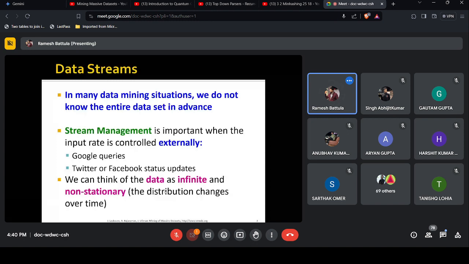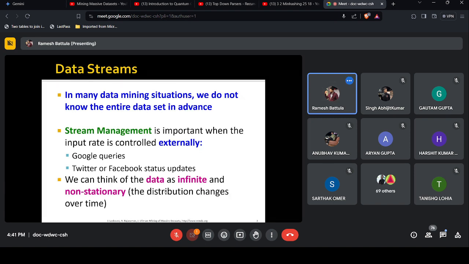Any questions? We can think of the data as infinite and non-stationary, and these values are going to change with time. Suppose you observe your browsing from morning to evening. Your browsing pattern is similar most of the time, am I correct? But sometimes it is random also.